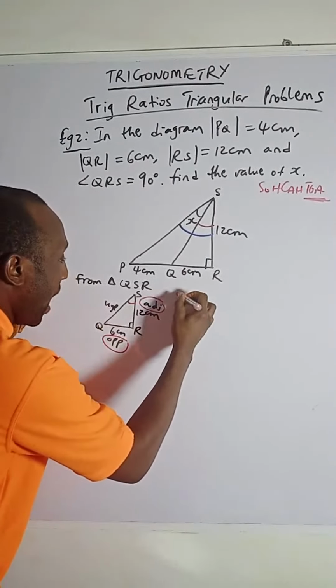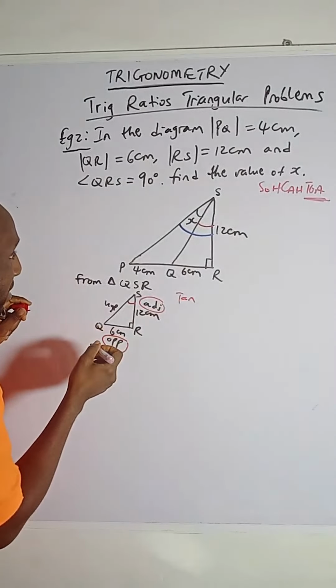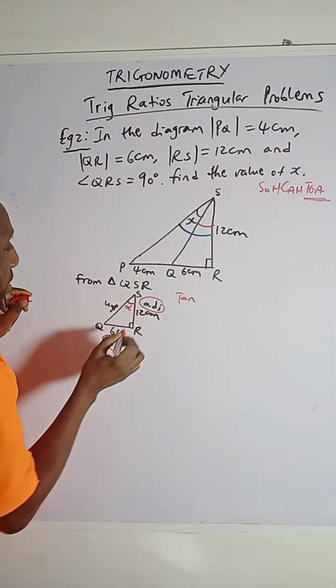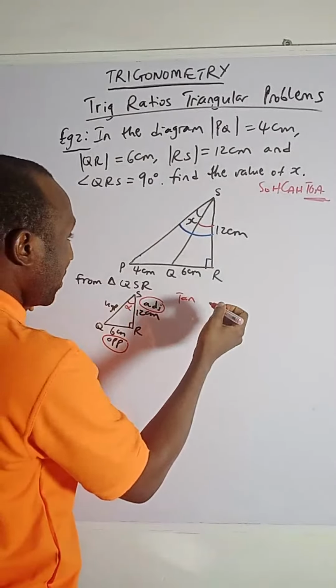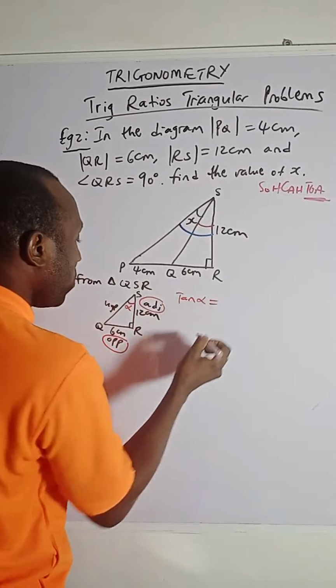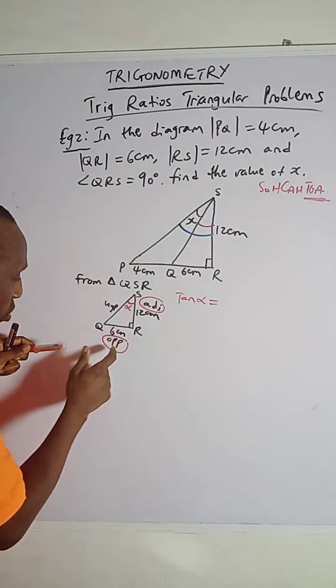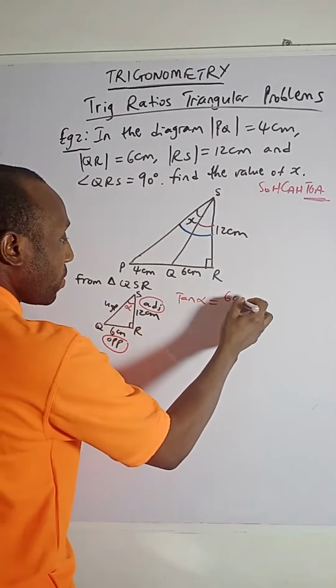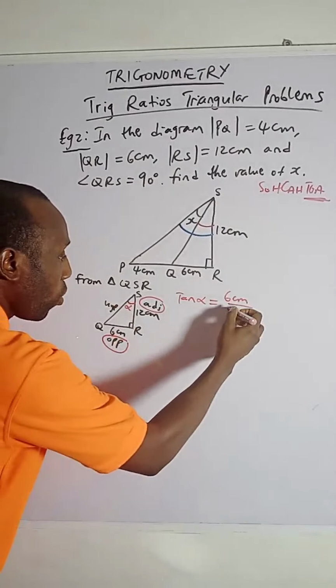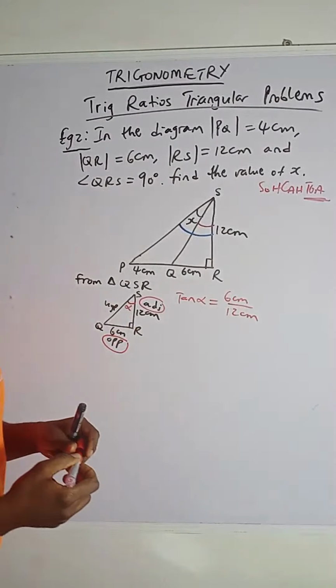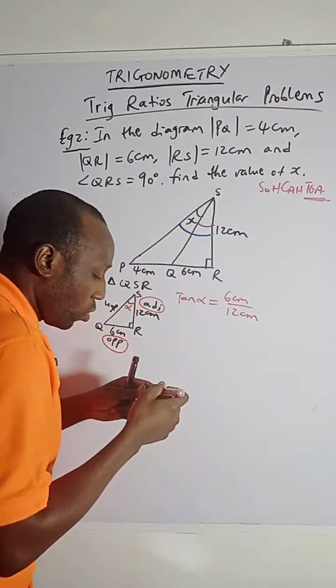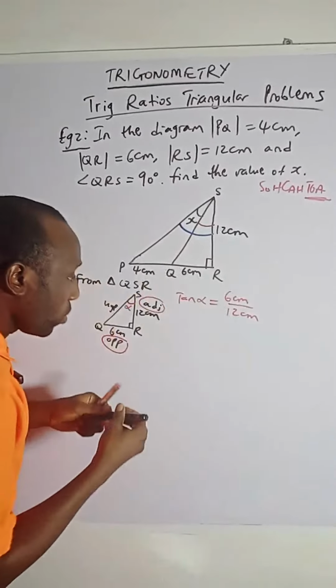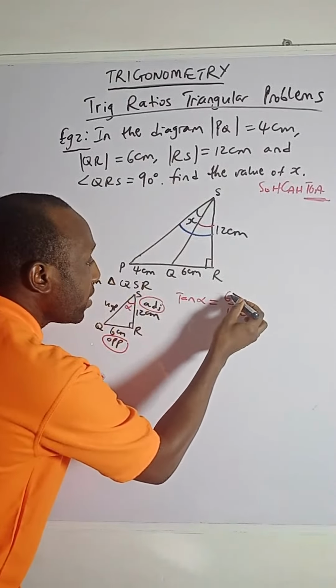Let's call this angle alpha. Tan alpha is equal to the opposite, which is 6 centimeters, over the adjacent, which is 12 centimeters. Hope that makes sense. Good. Now this cancels, you have 6 here.